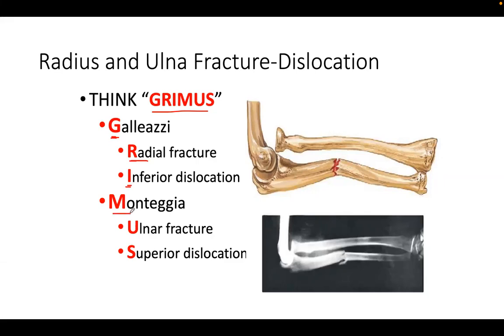M, that's Monteggia, that's an ulnar fracture, US is a superior dislocation. What is your mnemonic again for the radius and ulna fracture dislocation? The mnemonic is GRIMUS. Okay, so please remember that.